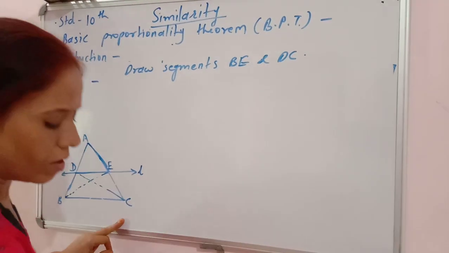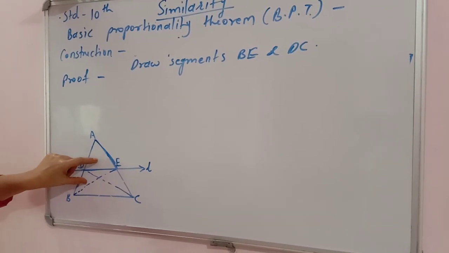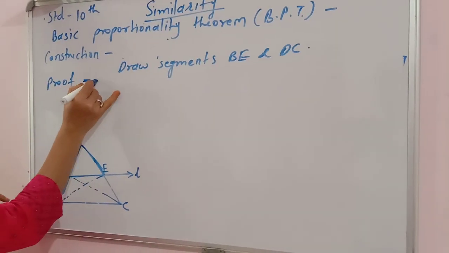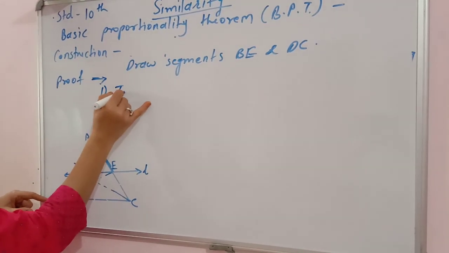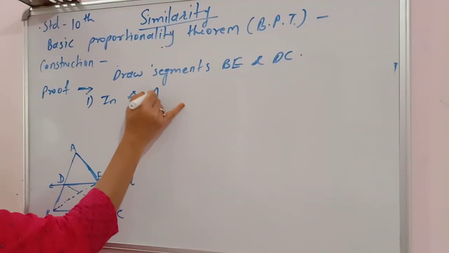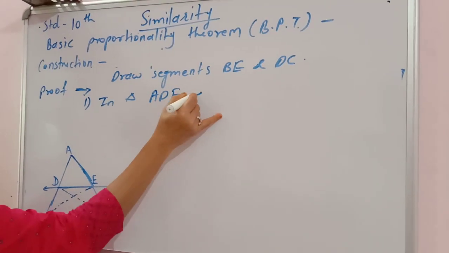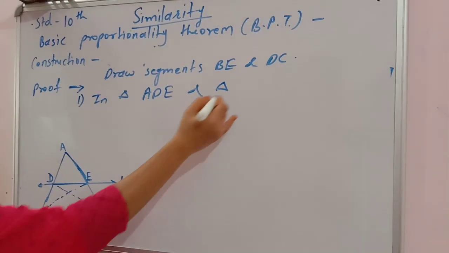Now see, after joining these points, we got two triangles. First consider these two in the proof. First, consider triangles. In triangle ADE, and another triangle BDE.